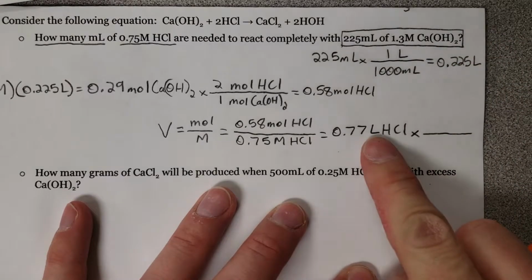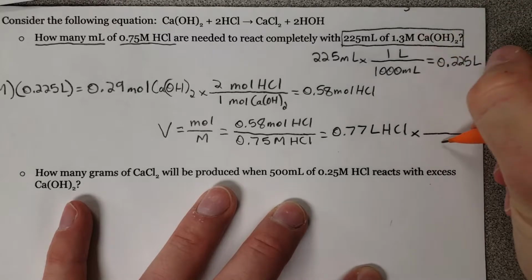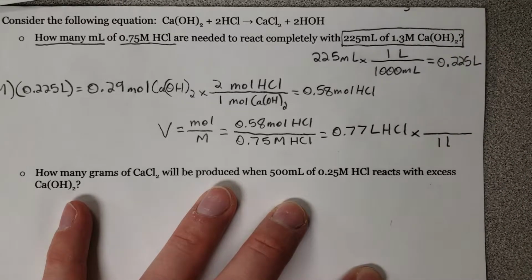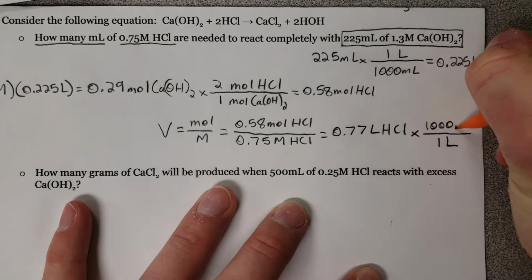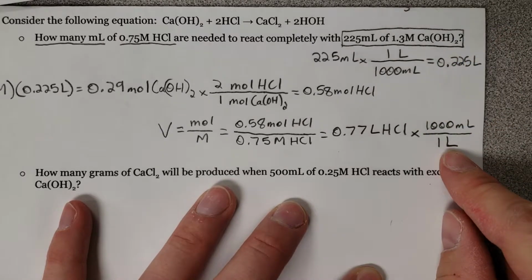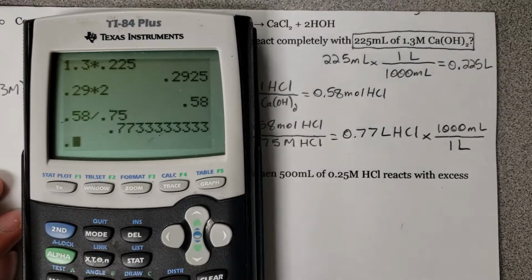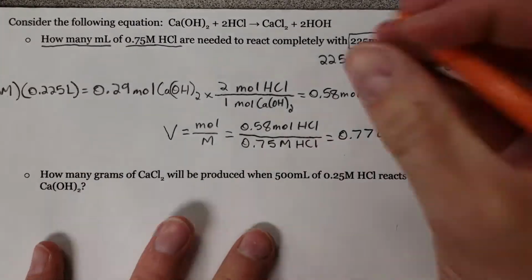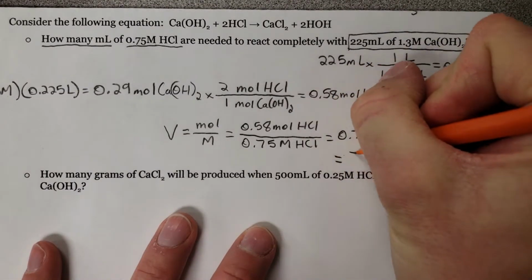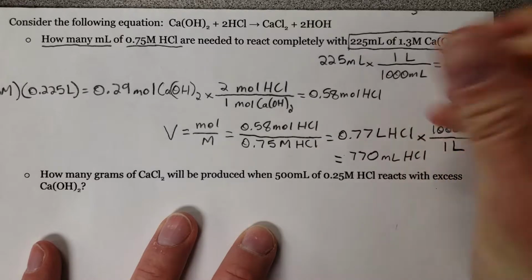If we've got liters up top, we need liters down below: 1 liter equals 1,000 milliliters. We plug that into our calculator: 0.77 times 1,000 gives us 770. So our final answer is 770 milliliters of HCl.